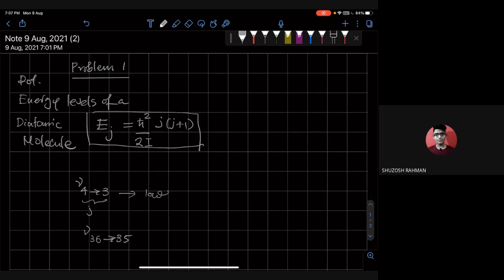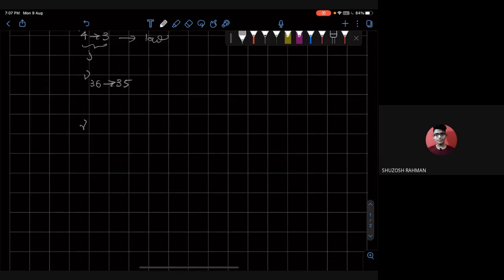So the first question is, let's write this. Nu for L going from, say, 4 to 3, let's call this nu 1, and that's given to be 461.04077 gigahertz.